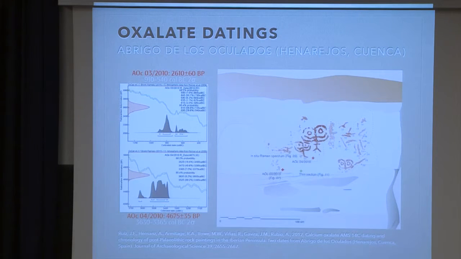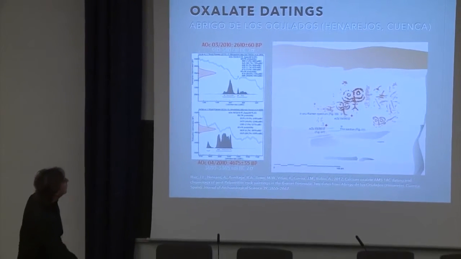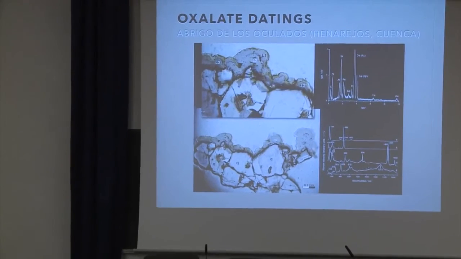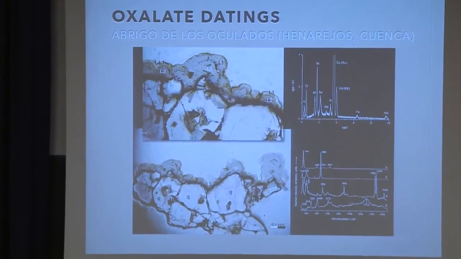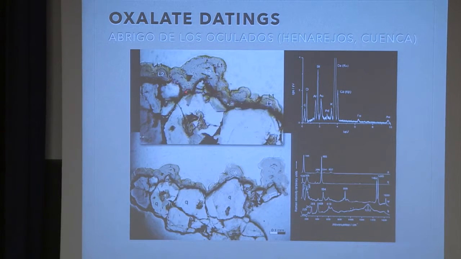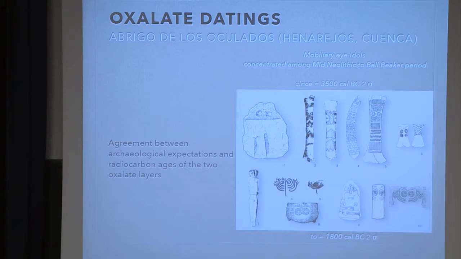The ages that we get from the two layers that are related to the paintings produce the minimum and maximum ages when these paintings were made, and you have them here. This is the microstratigraphy of this rock art site, where you can see that we have one layer of oxalate and a second layer of oxalate, and every one of them has been analyzed by Raymond.